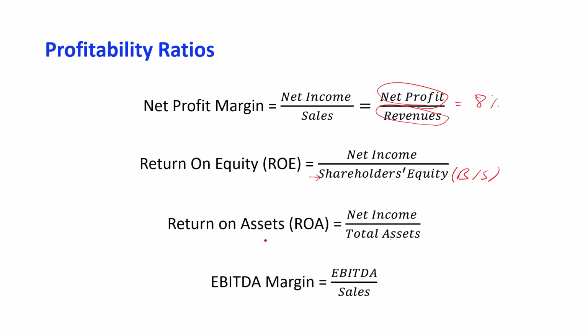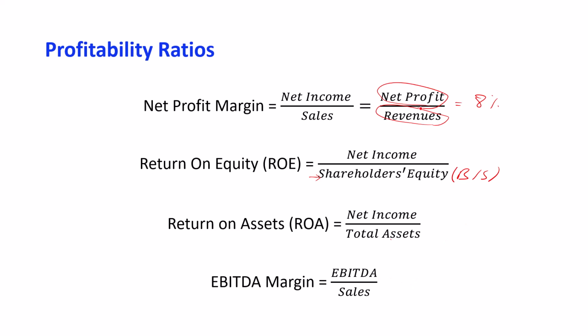Right? And finally, EBITDA margin is one of the most important ones that people use in finance and other industries. This EBITDA margin is a valuable ratio because we are moving away from accounting and going towards finance.